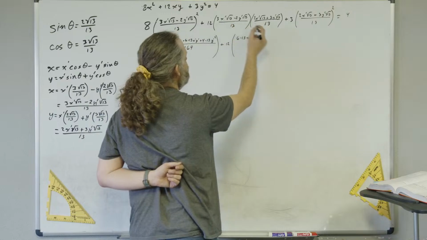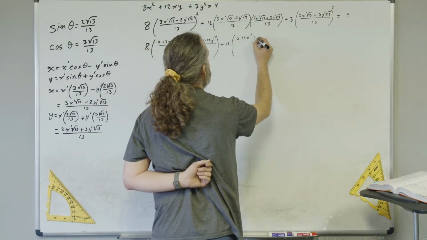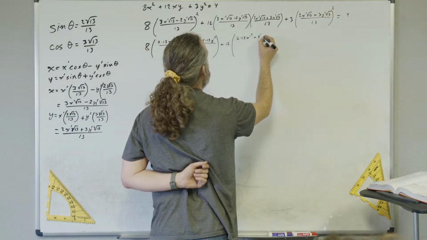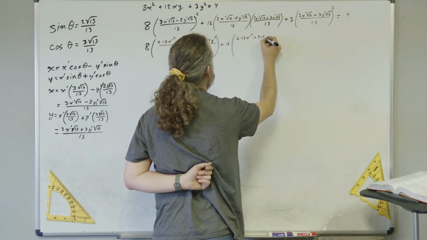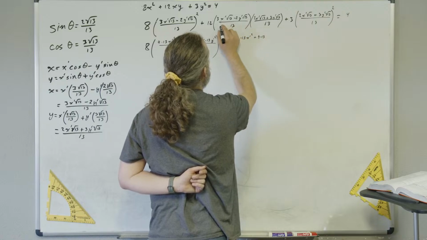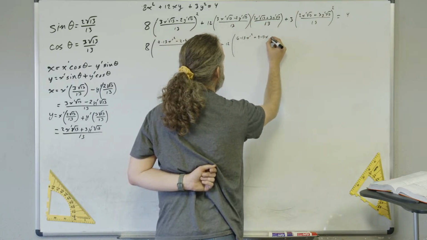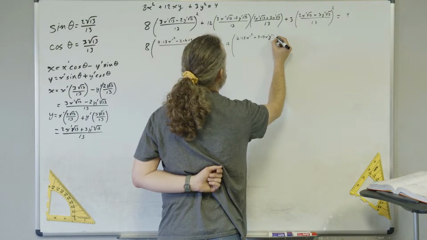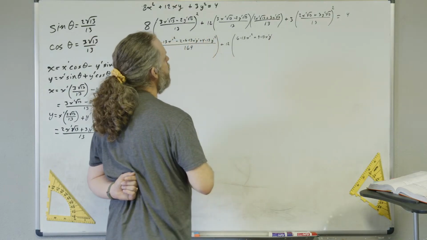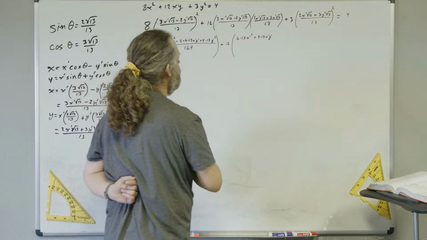Outside, 3 times 3 is 9. Square root of 13 times square root of 13 is 13. X prime times Y prime is X prime Y prime. If we're extremely lucky, that's going to go away in a minute, along with those. We'll see what happens.